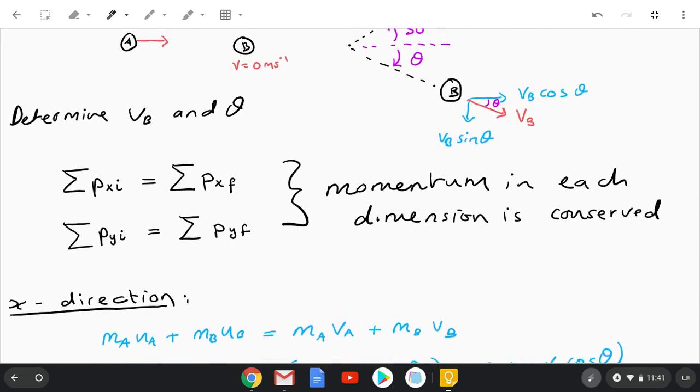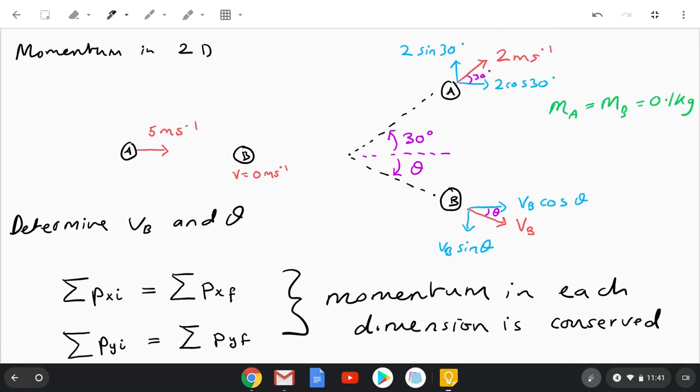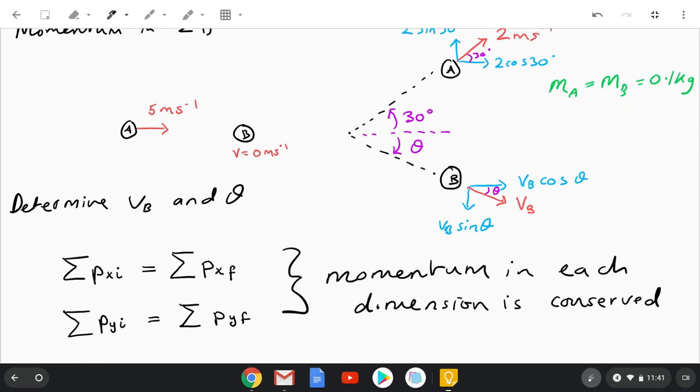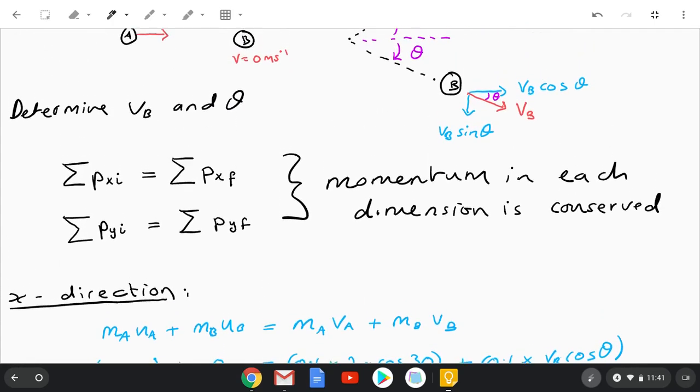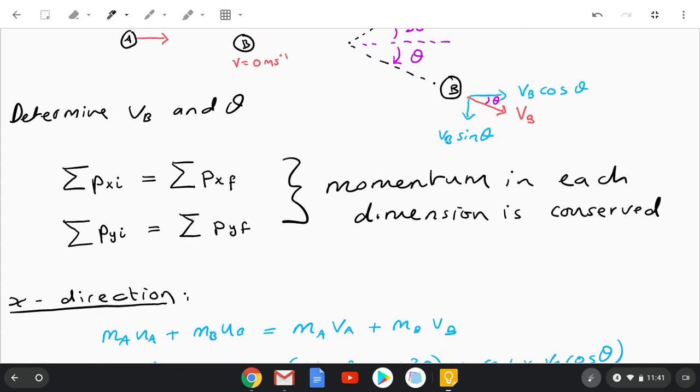So what we are going to do is look at the x direction. I'm going to come back to this picture over and over again. We were told in the question that the masses of A and B are both 0.1 kilograms. So let's have a look at the x direction first.